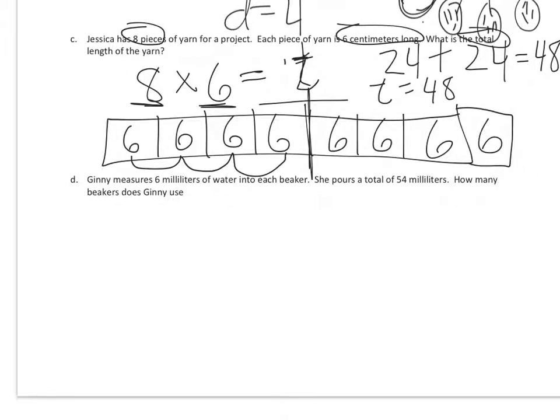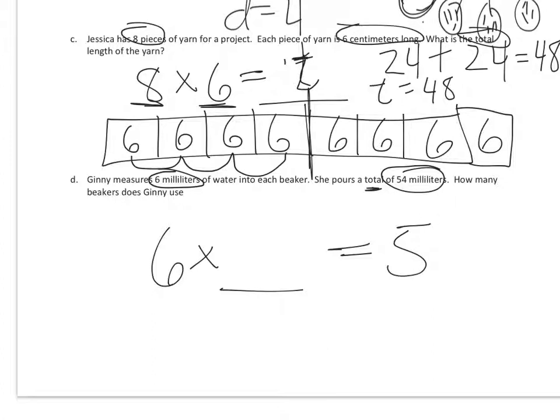Last one. Ginny measures 6 milliliters of water into each beaker. She pours a total of 54 milliliters. So here's our total. How many beakers does Ginny use? 6 times blank. We know 54 goes over here.